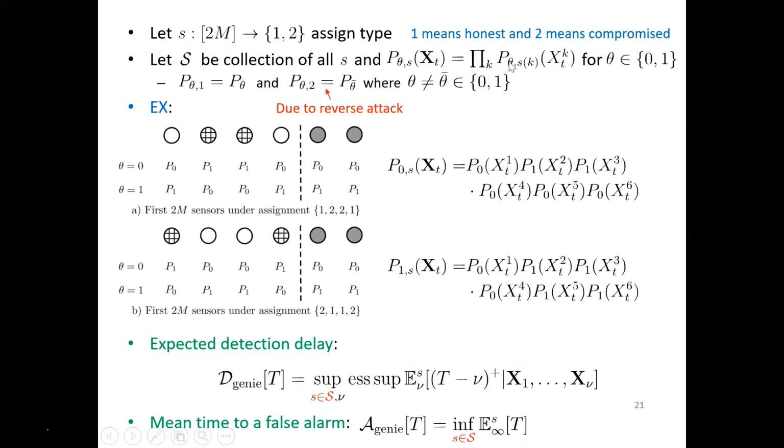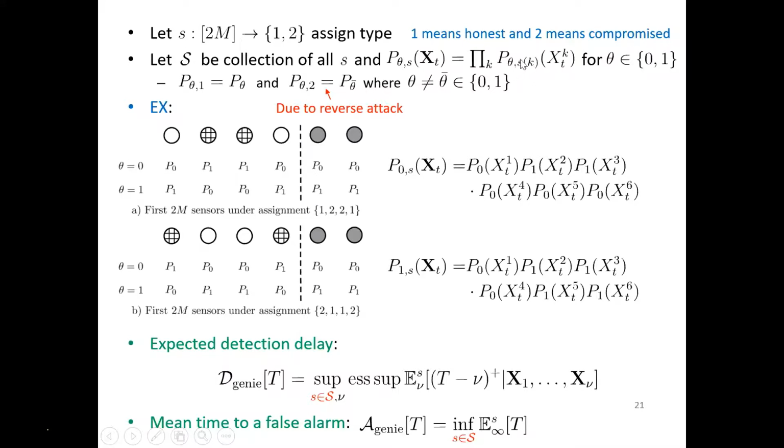So this p theta S k is here. If S of k is 1, that means we think the k-th sensor is honest, so that makes p theta 1 equal to p theta.